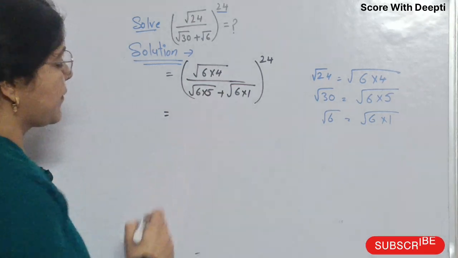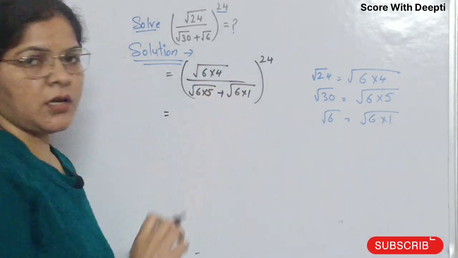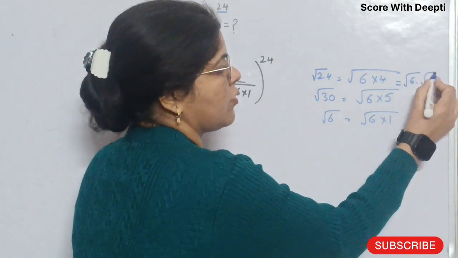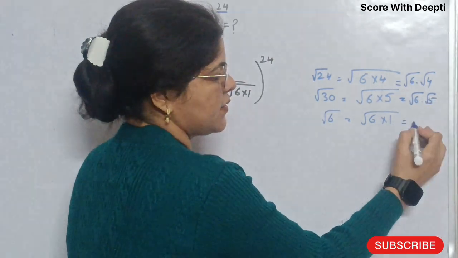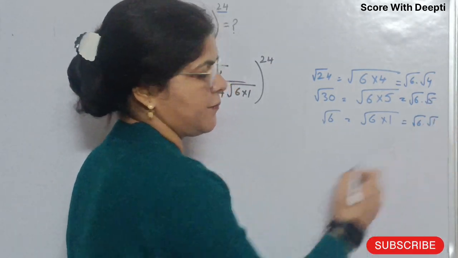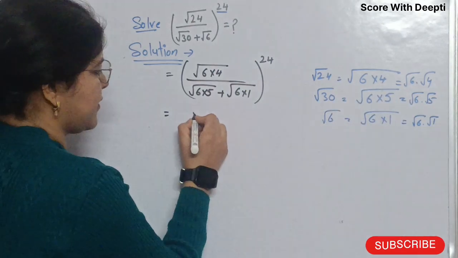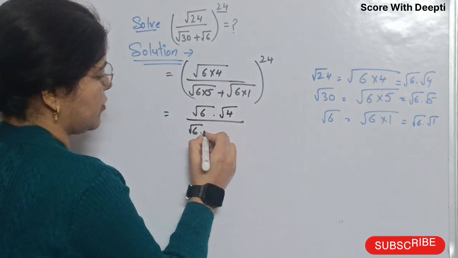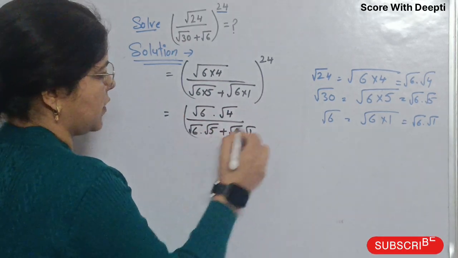Our next step, we have to separate these two terms that are in square root. Means we write this as square root 6 into square root 4, this as square root 6 into square root 5, and this as square root 6 into square root 1. Now we get square root 6 into square root 4 over square root 6 into square root 5 plus square root 6 into square root 1.